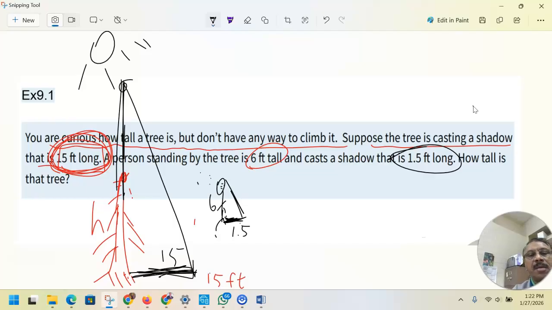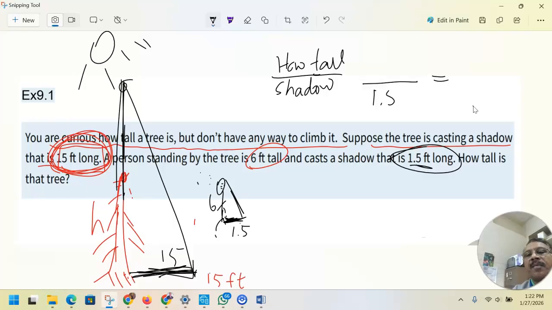Anyway, what I'm trying to say is we'll create a ratio of the shadow and how tall. So we can create a proportion. The person's shadow is 1.5 feet, and how tall is the person? 6 feet.